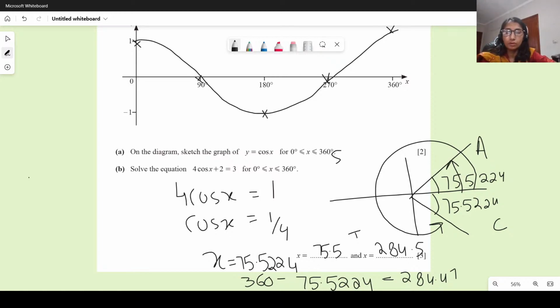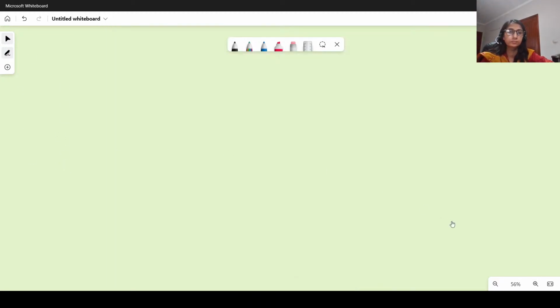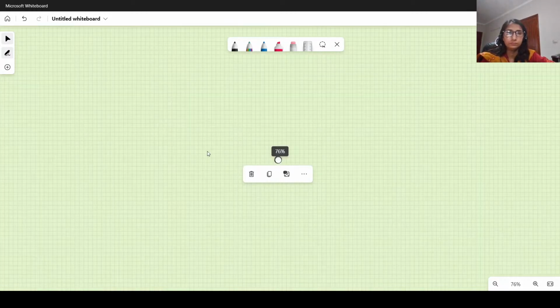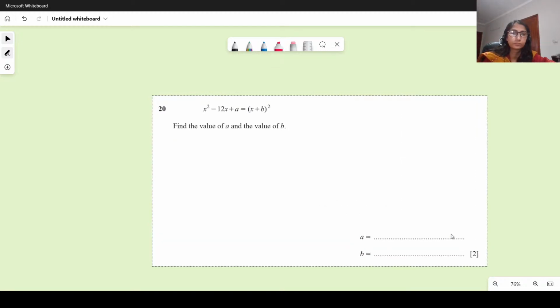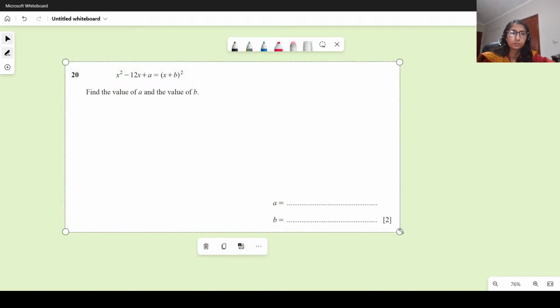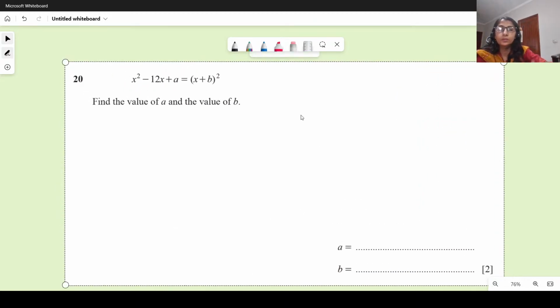Okay, on question 20. Find the values of a and b.